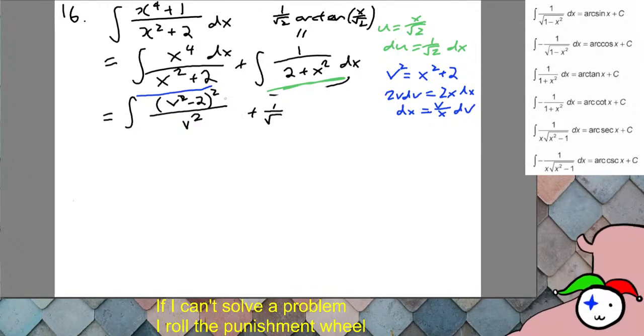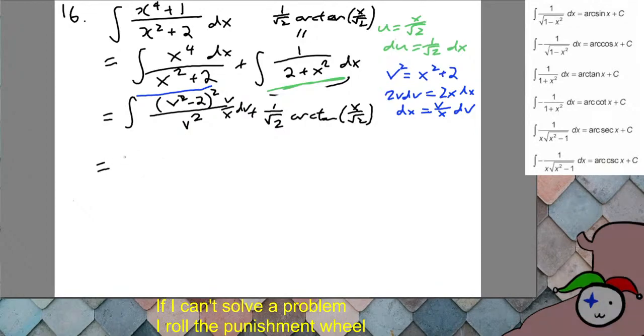No, times v over x dv. And then this bit is on top arctan of x over root 2. This bit, top bit, is v to the 4.